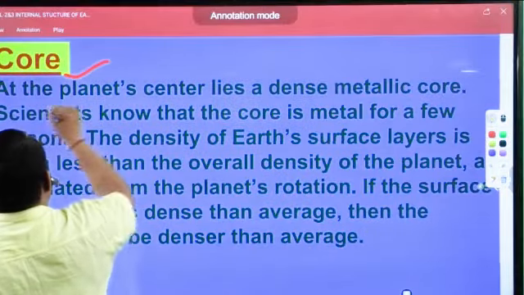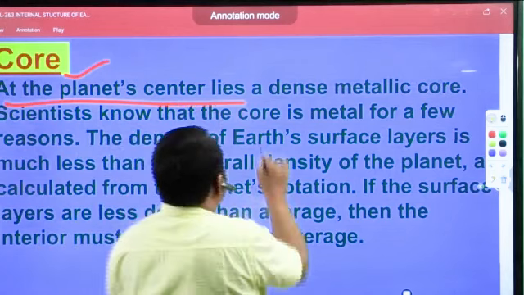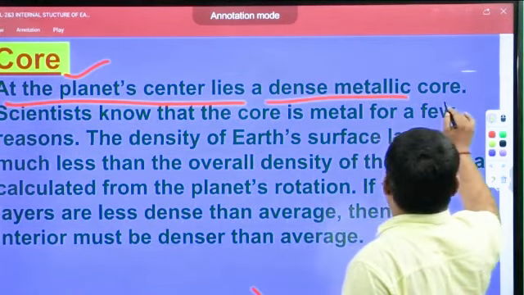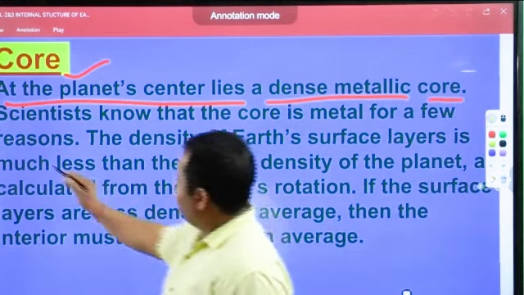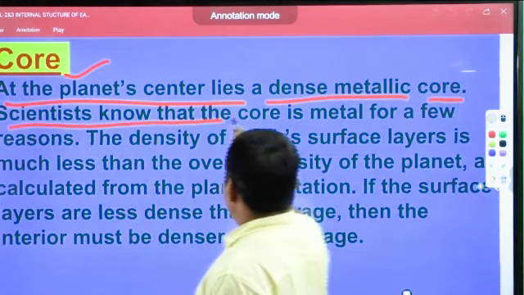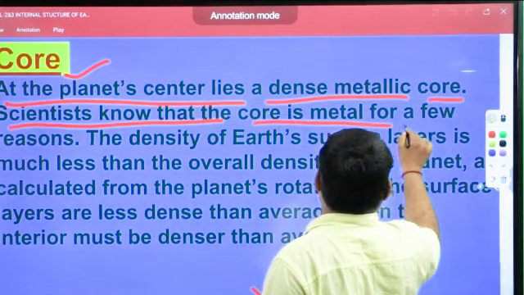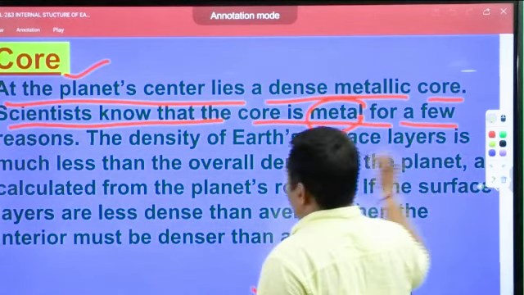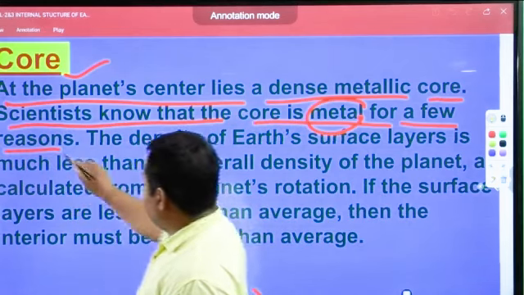Now, core. At the planet's center lies a dense metallic core. Scientists know that the core is metal for a few reasons.